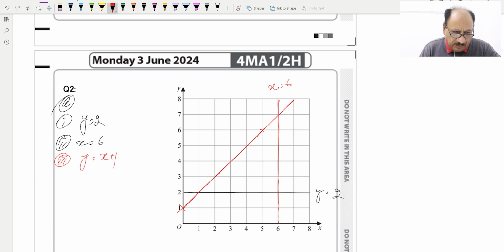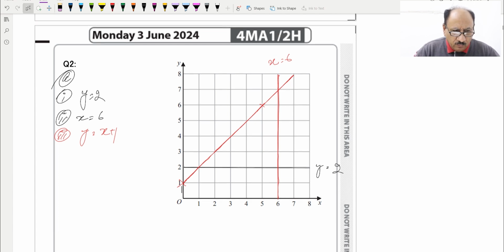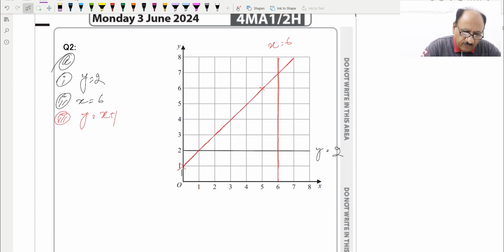Now the A part is done. So for the B part they are saying show by shading on the grid the region that satisfies all three of the inequalities. The first inequality given is y is greater than or equal to 2.